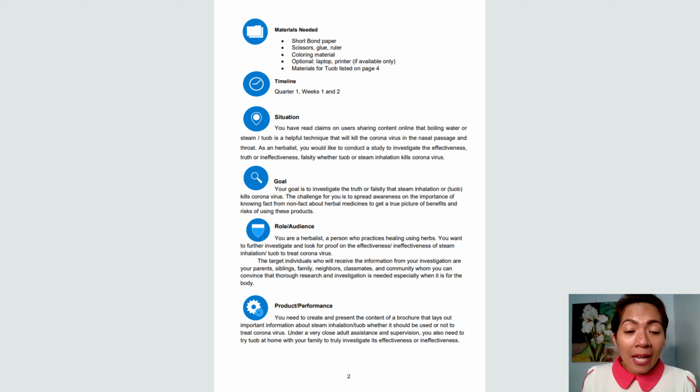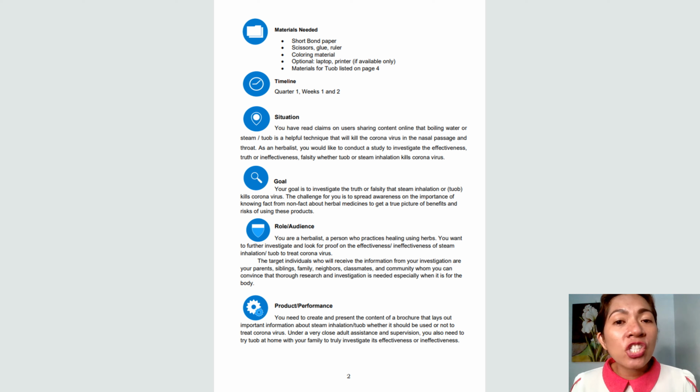As a herbalist, you would like to conduct a study to investigate the effectiveness, truth, or ineffectiveness, falsity, whether tuob or steam inhalation kills coronavirus.